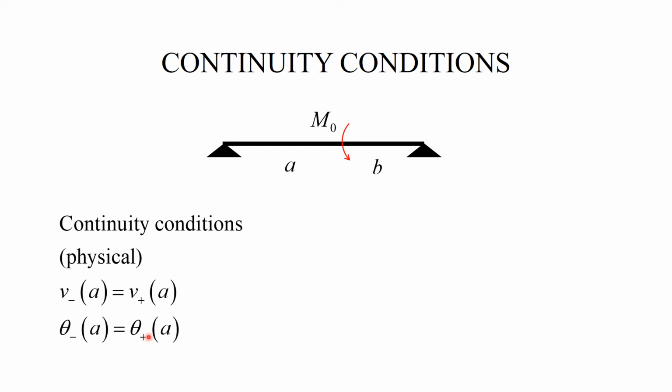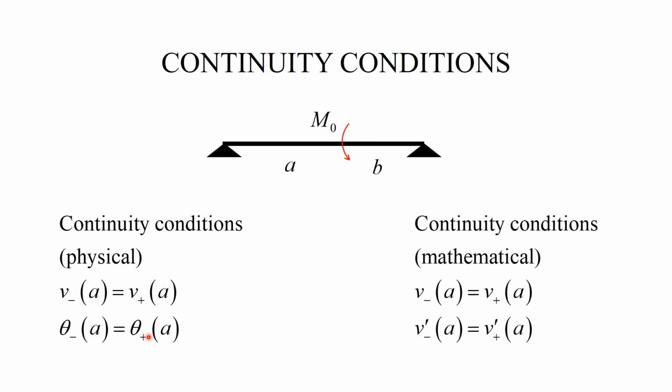Similar to the boundary conditions, we would like to translate the continuity conditions from the physical form given in terms of the displacement and angle into the mathematical form that involves the function v and its first derivative, v prime, because mathematically that's what we want to do when we deal with solving the differential equation.